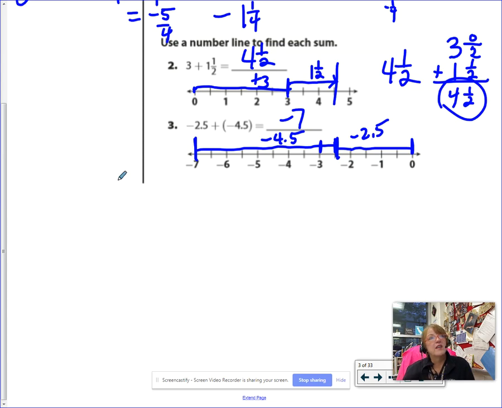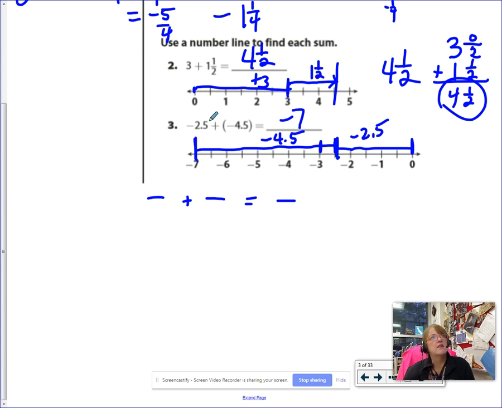After a while, we're going to get kind of tired of this number line business, especially if my numbers get larger. So what I want you to think is that both signs are negative. And if I add a negative number plus another negative number, my answer will be negative.